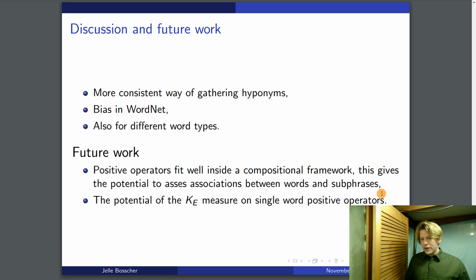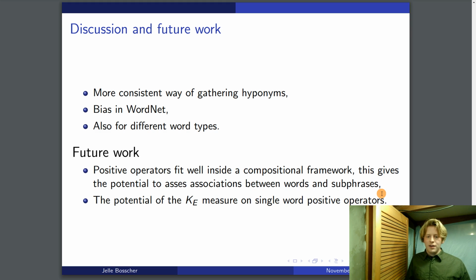For the future work, the positive operators have been shown by Lewis to be able to sit inside a compositional framework, which means that instead of only showing that there is implicit biases between words, we can also show that there is implicit biases between words and subphrases, which could also be very interesting.